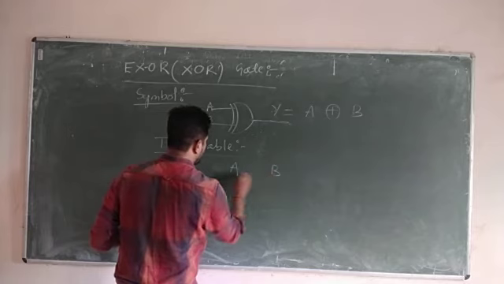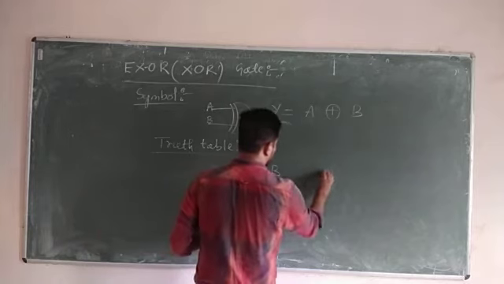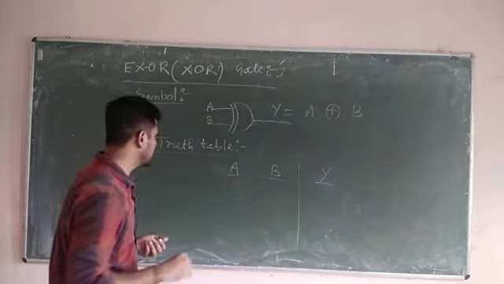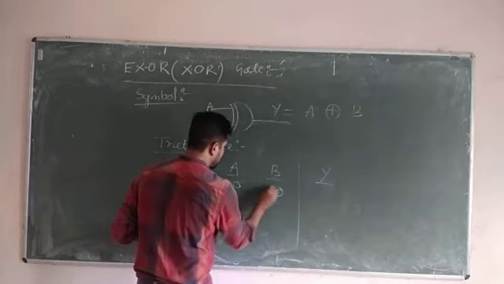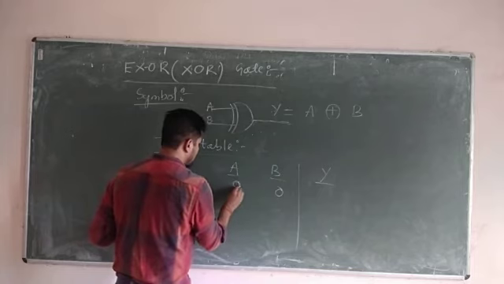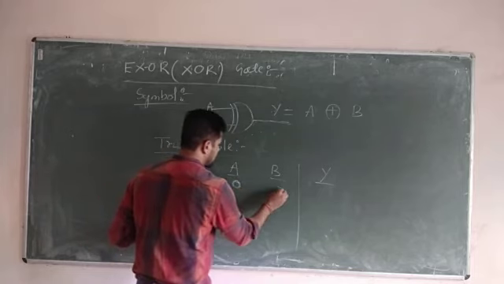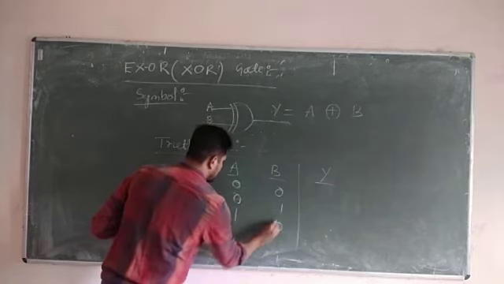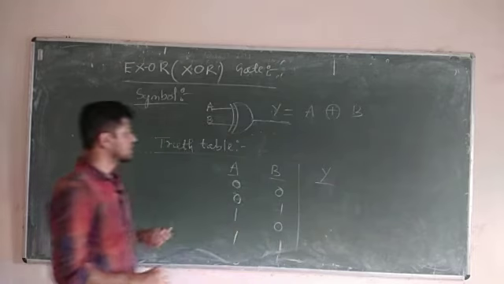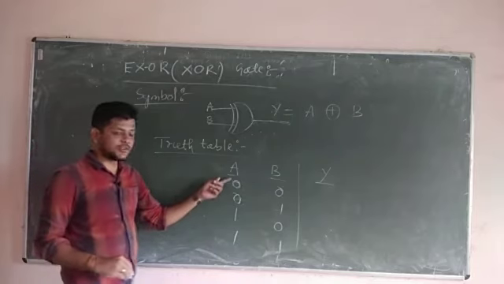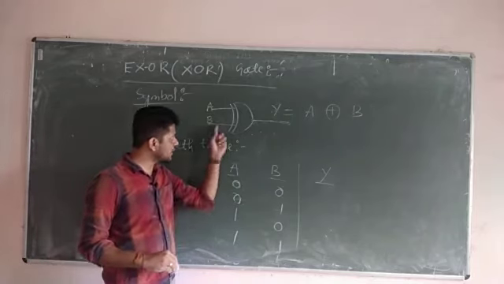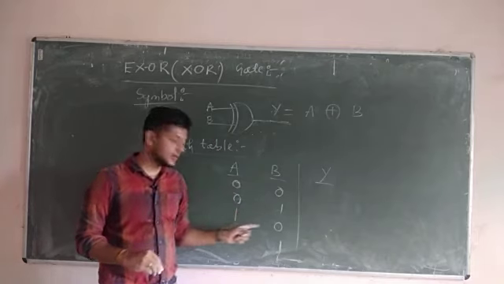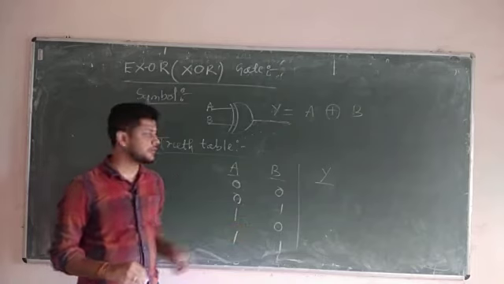Obviously we have two inputs A, B and the output is Y. If you have two inputs A, B, then how many combinations are possible? That is 4. I have drawn this table many times: 0 0, 0 1, 1 0, 1 1. So the 4 possible combinations of input we can apply to this gate are 0 0, 0 1, 1 0 or 1 1.